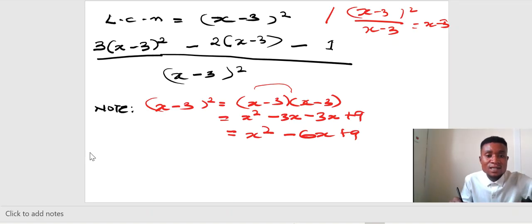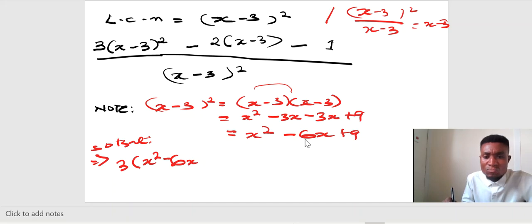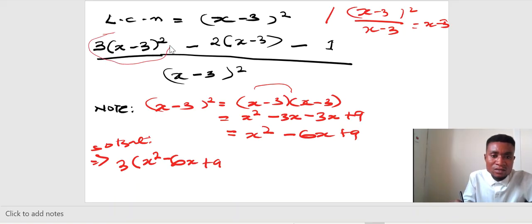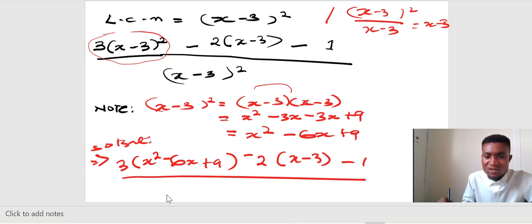So that we have 3 into (x squared minus 6x plus 9), minus 2 into (x minus 3), plus 1, all divided by what?